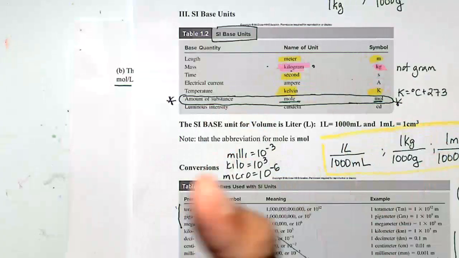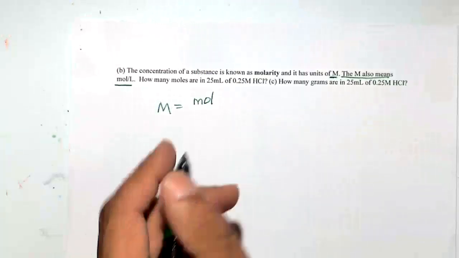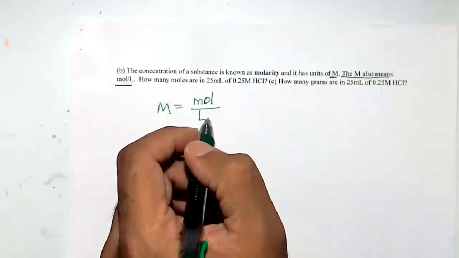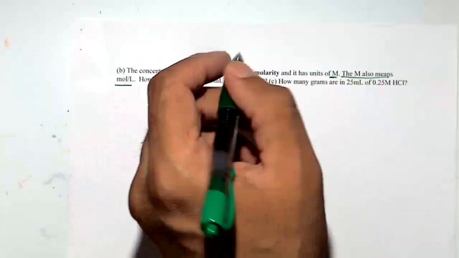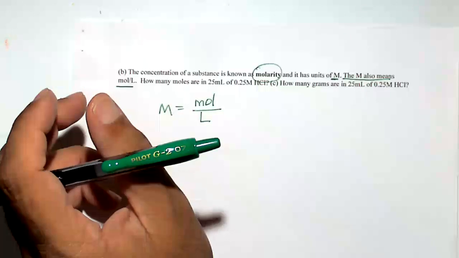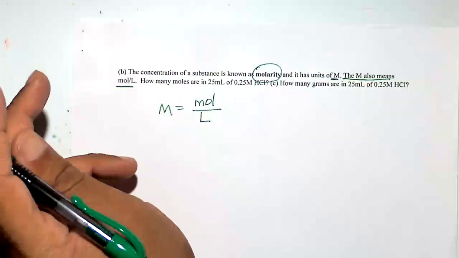Moles is the amount of substance, not the same as grams. And then we have volume in liters. So this is a concentration, called molarity. I haven't taught you this, but we can still do this problem.